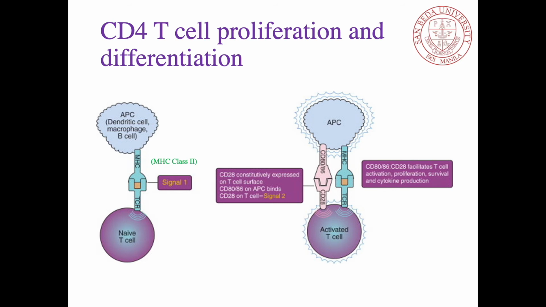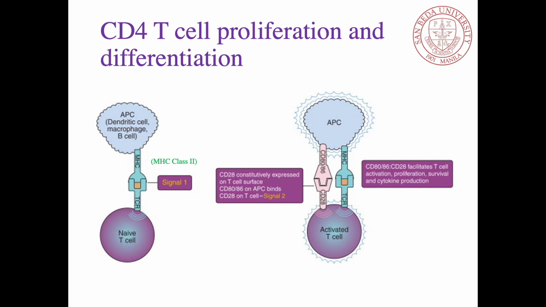Now, there actually is a second signal. This second signal, which is the co-stimulatory signal, is antigen non-specific and is provided by the interaction between co-stimulatory molecules expressed on the membrane of your APC and the T cells. That is why you see here on the right side of the image, you now have two interacting proteins between the two cells. So there's now co-stimulation.